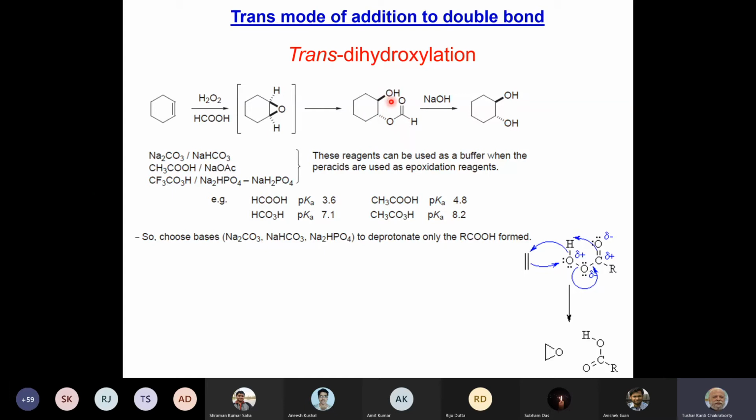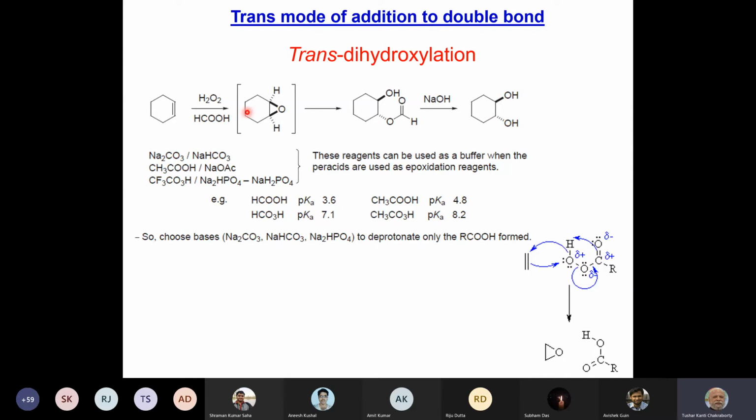So you get a hydroxyl and this formate ester. And then in the presence of base, you can cleave this one, and then you get a diol. So earlier we have seen potassium permanganate and osmium tetroxide, they give cis diol. And this is one example where you can get a trans diol. But as I said, because of the mechanism of the reaction, in this one you will not get any cis diol.